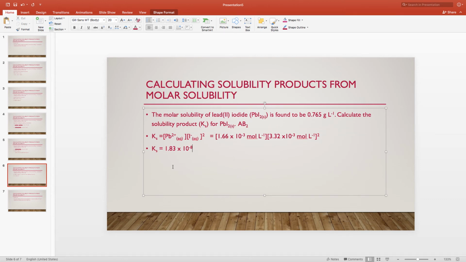And that's therefore the solubility product of lead iodide.